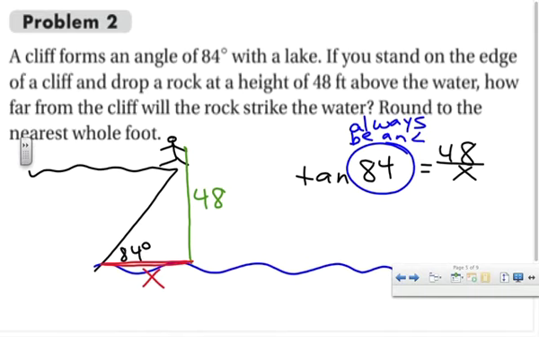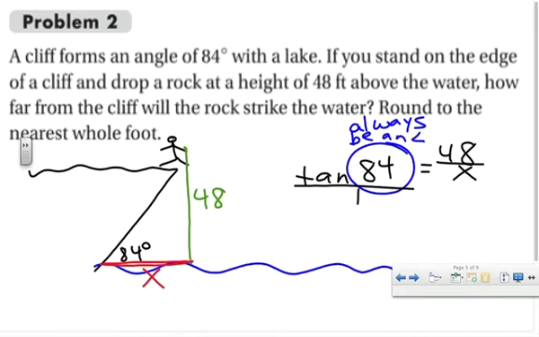But I'm going to tell you right now, x being in the denominator is kind of an unpleasant place for x to be. I don't like x being in the denominator. It makes it hard for me to do calculations to figure out what x is. So, something that we learned last chapter is, if I put that tangent of 84 over 1, do you see that I now have a proportion?